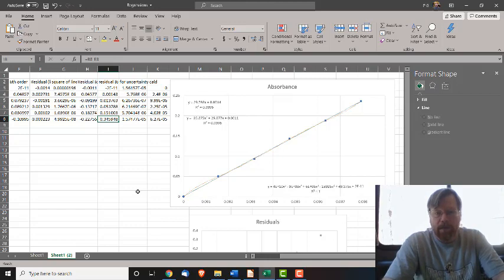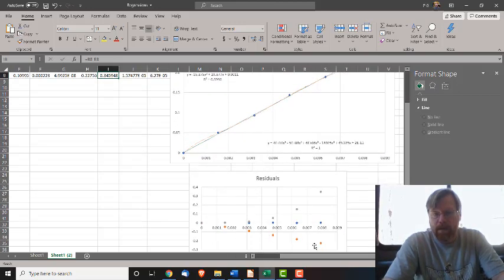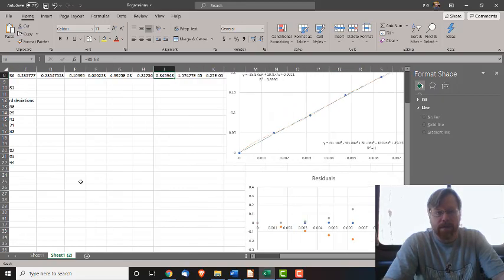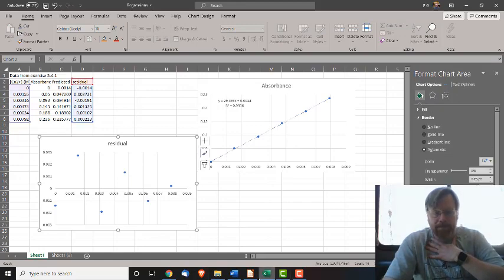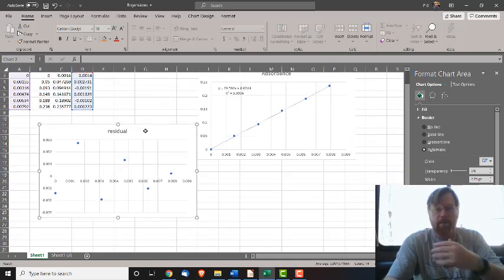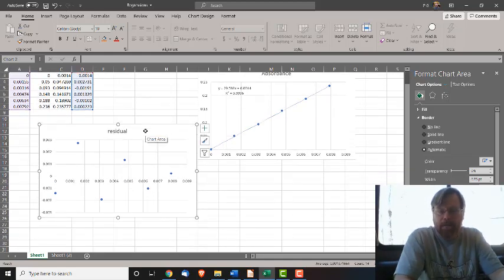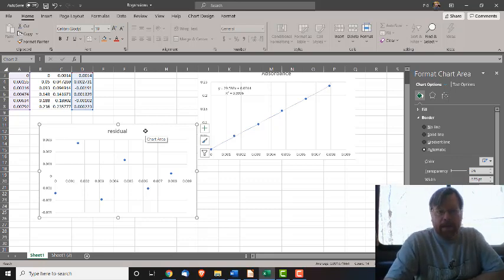So that probably explains some of what's going on with those residuals there. Okay, so that's how to basically plot this in Excel and do the linear regression less formally than you'll probably do it in statistics class, and something to look at besides just the r squared value to see how your fit is doing.